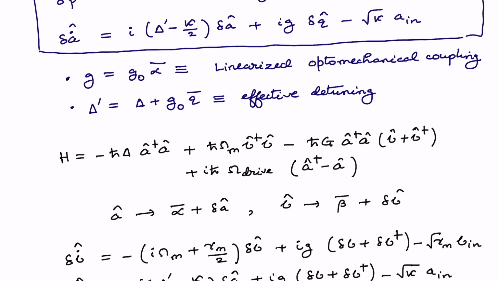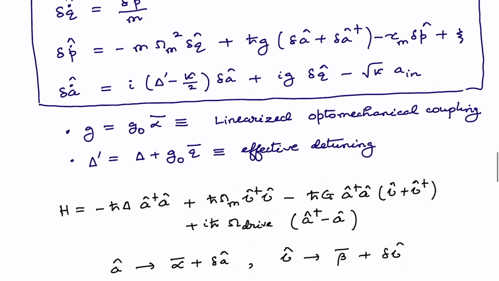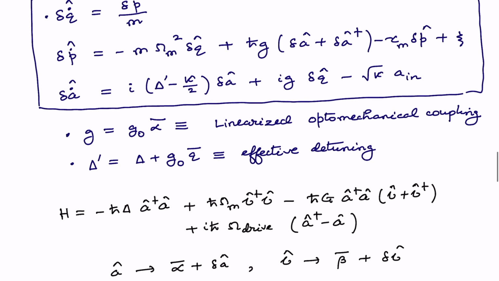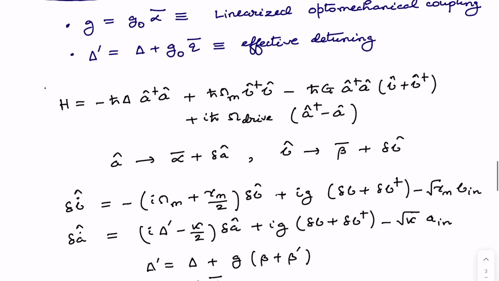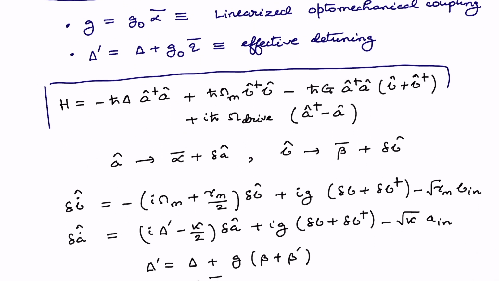exclusively in terms of creation and annihilation operators also, rather than in terms of q and p as we have written here. So we have to then take this particular Hamiltonian into consideration, and if we take that a is equal to alpha bar, which is the steady state, and its deviation from it is the steady quantum fluctuation delta a.